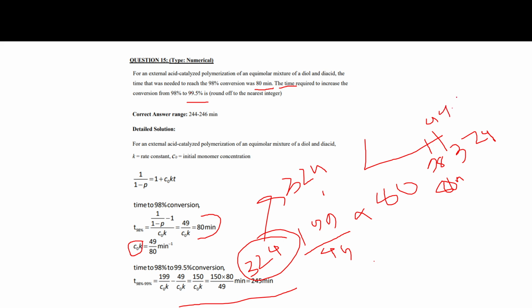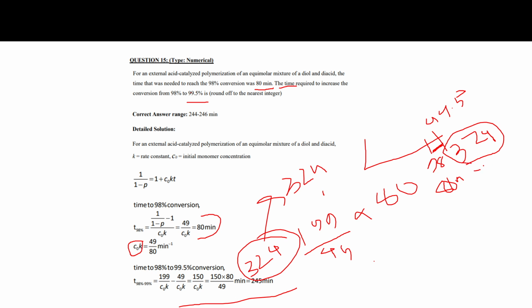Yes, sir. So it's asking how much time is required for the duration between these two, from 98 to 99%. The total time will be 324, and by 80 minutes the reaction is already done.